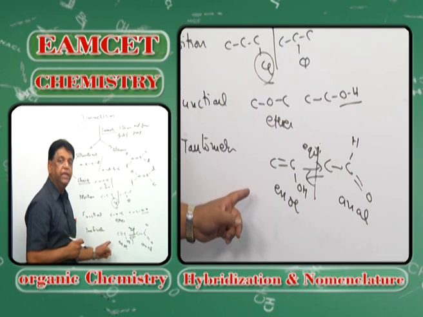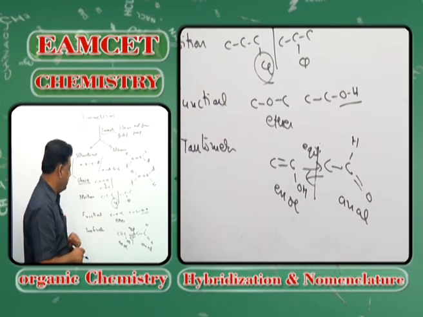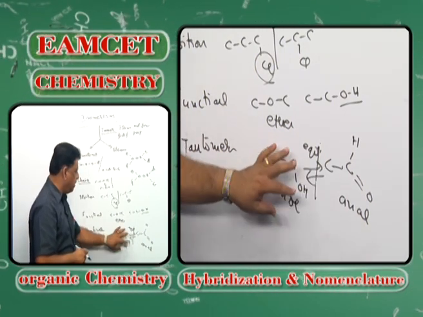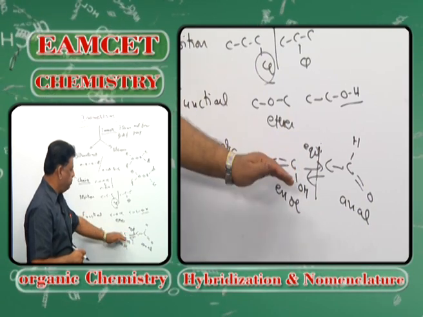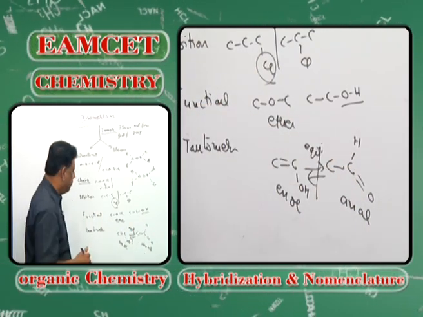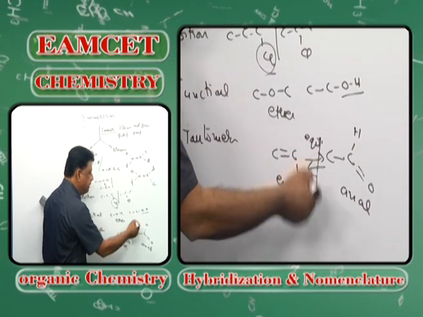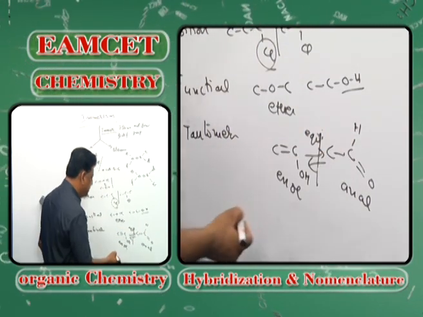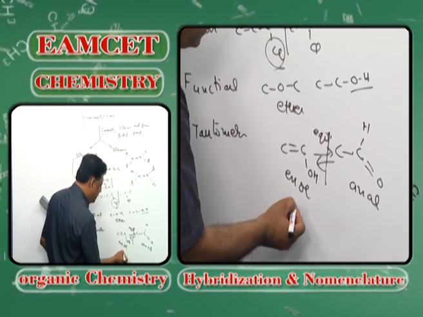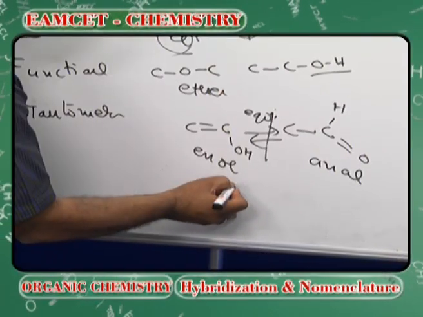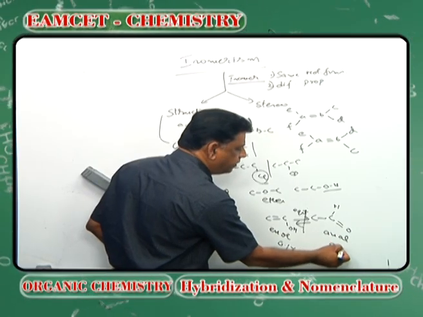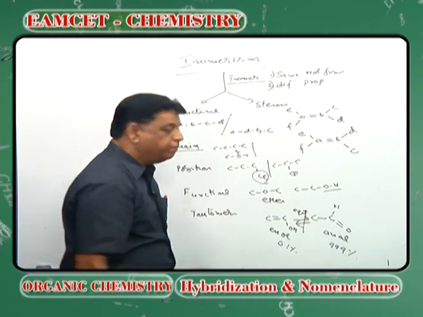There is one compound you can't prepare; the moment you prepare it, it goes to the other. However, depending upon the thermal stability and so on, sometimes the enol may be only around 0.1%, and the rest, 99.9%, will be the aldehyde.